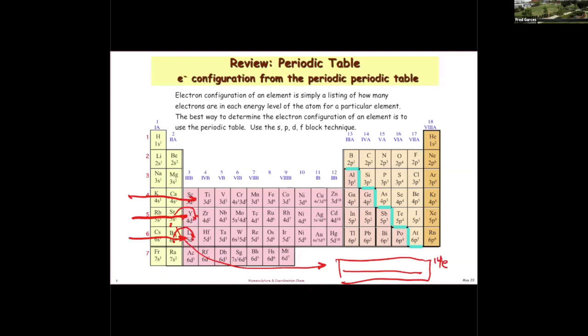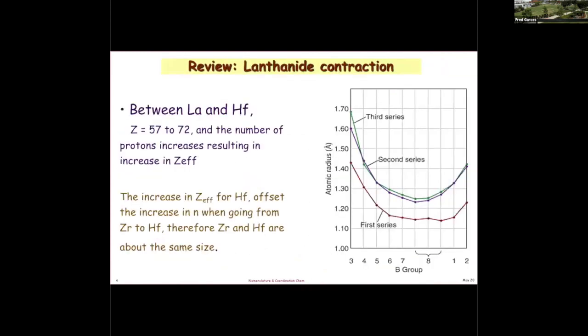The 14 protons, as you jump from barium to lanthanum, will have a greater effective nuclear charge pulling in those valence electrons. So the result is that the second and third row transition metals are nearly identical in size, because the extra protons pull the electron cloud tighter.